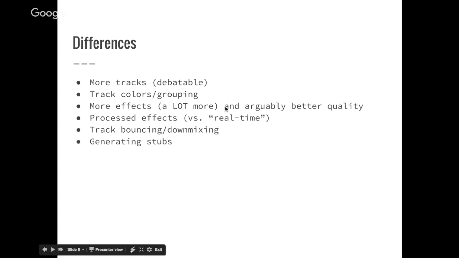You have more effects, in fact a lot more, and they're arguably of better quality, with the caveat I gave you before the break: some of these effects have been pulled into Premiere and replaced the ones that were there already, so a lot of that is not as relevant. But you do have these processed effects that we went into last week: noise reduction, sound removal, and a bunch of others that you can use to process those individual audio clips, leave them in the mix, and then dump them out when you downmix.